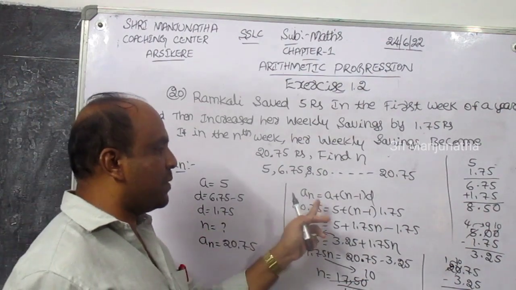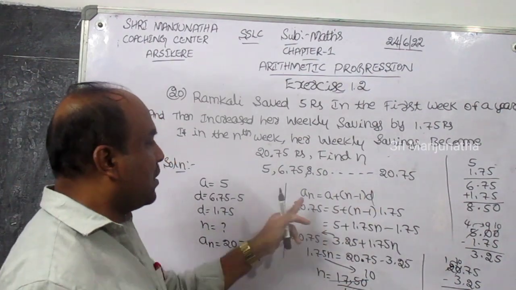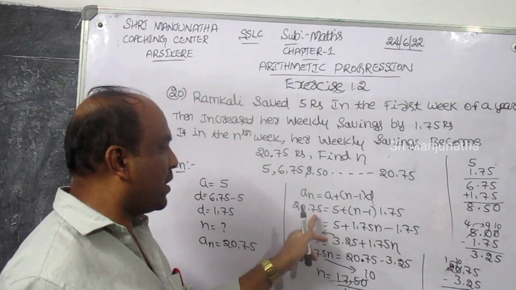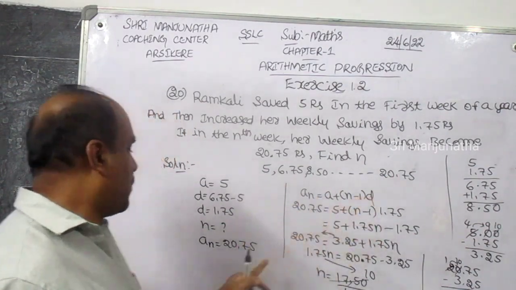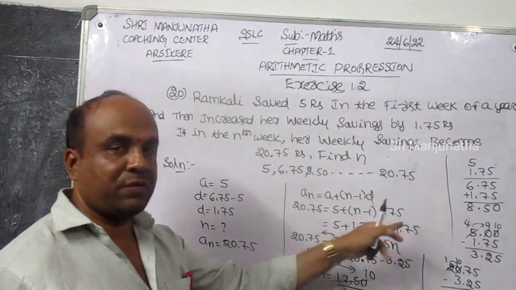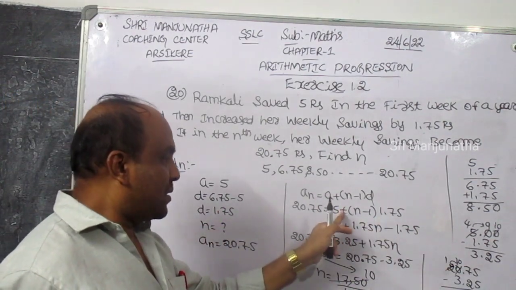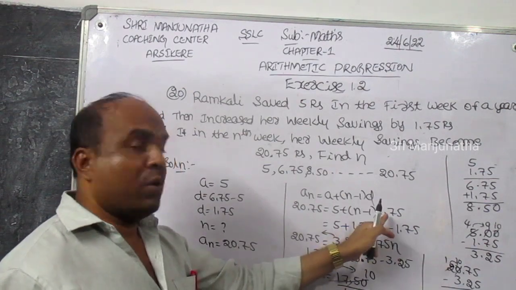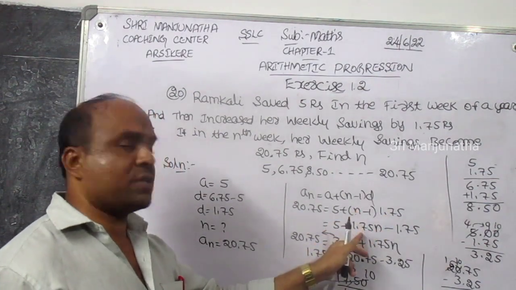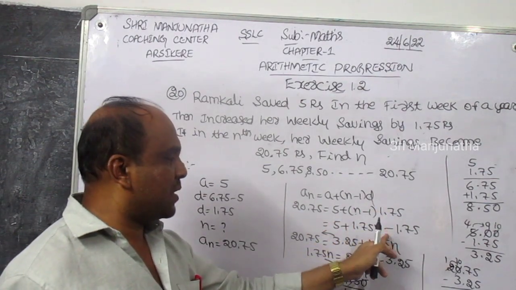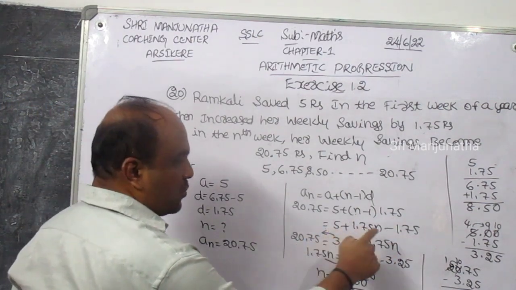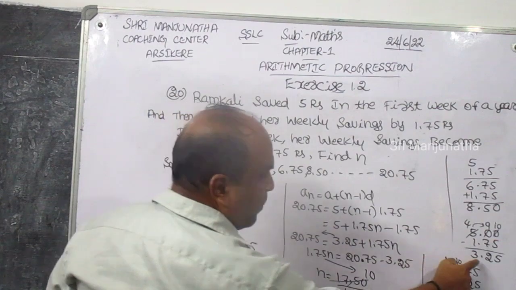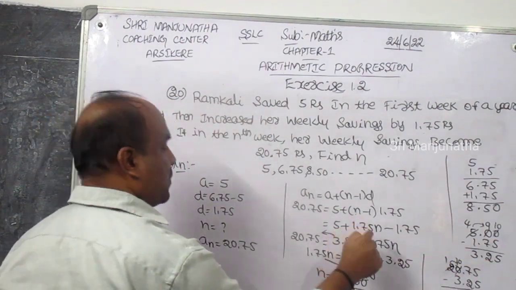an is equal to a plus n minus 1 into d, that is the formula. an is equal to 20.75. a is 5, n minus 1, and d value is how much? 1.75. So 5 plus 1.75 into n minus 1.75. 5 minus 1.75 is how much? 3.25 plus 1.75 n.